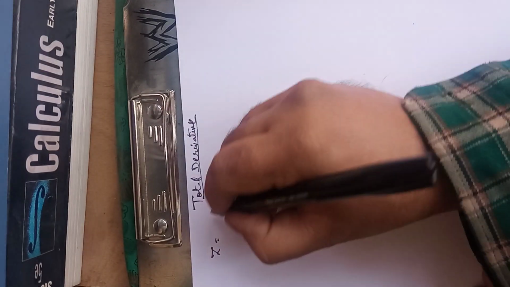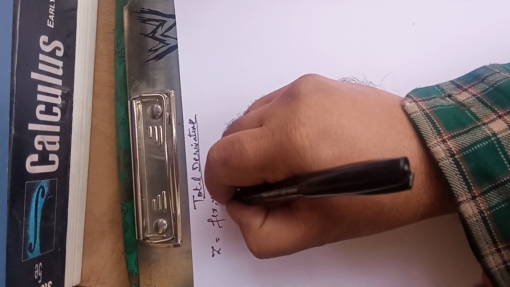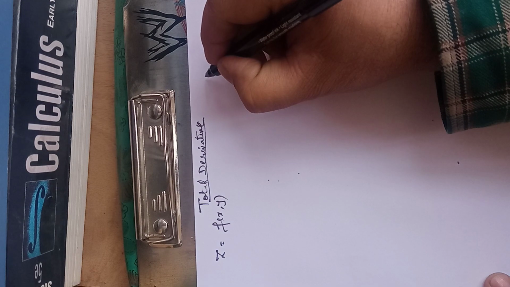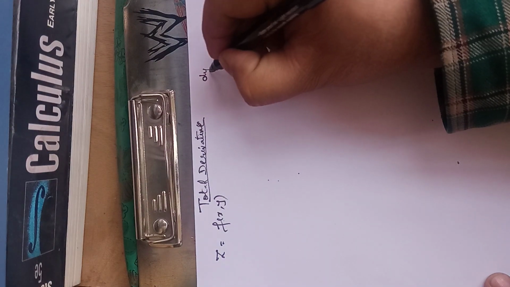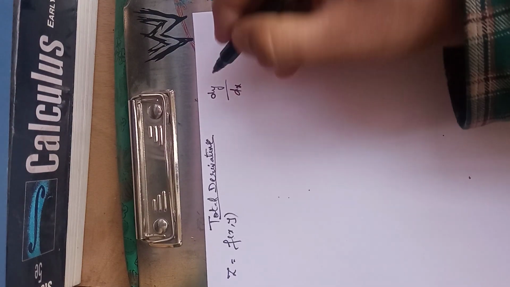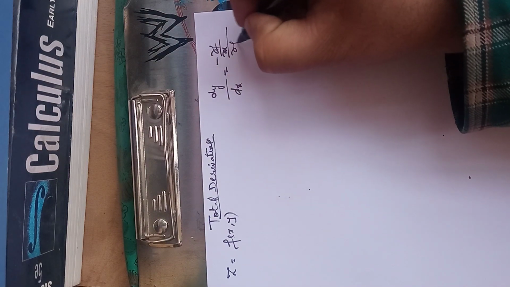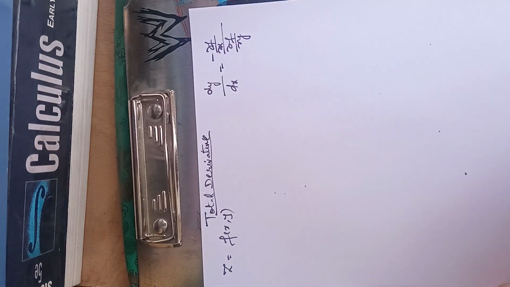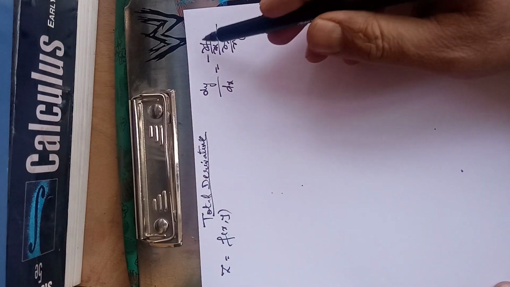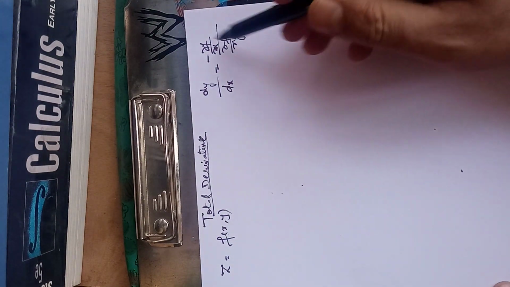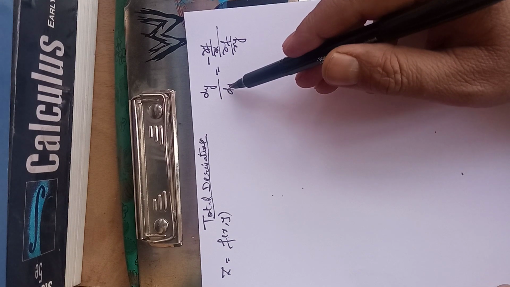You see, if your z is a function of x and y, you can have dy by dx equal to minus del f by del x divided by del f by del y. This is it. You know partial derivatives, so you can find the ordinary derivative.